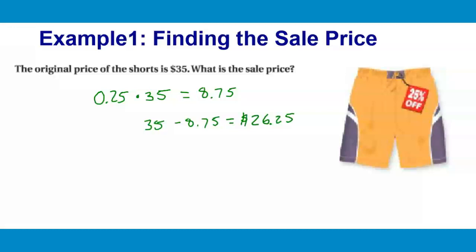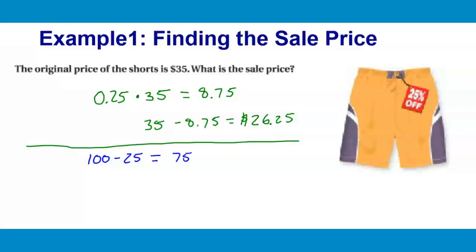Now the other way we can think of this, that's method number one. Method number two, I'll do it in blue here. It's the same thing. I could take the percent. I'm not paying 100%. So I could take 100% minus the discount. So really what I'm paying is 75% of the original price. So I've already done my subtraction up front with the percent.